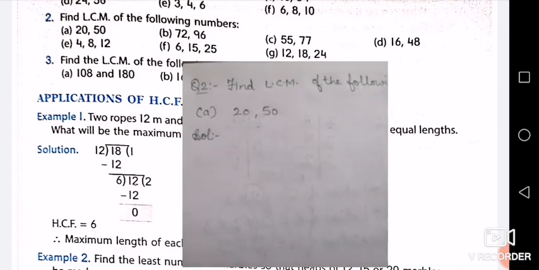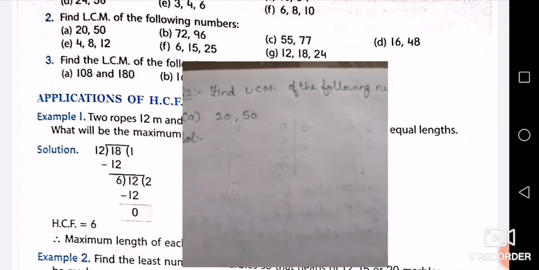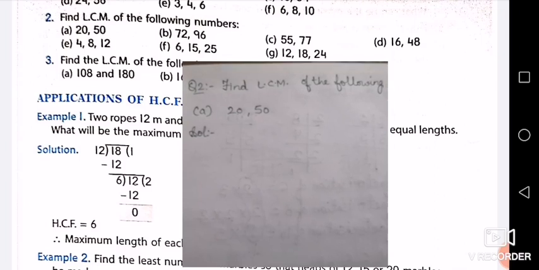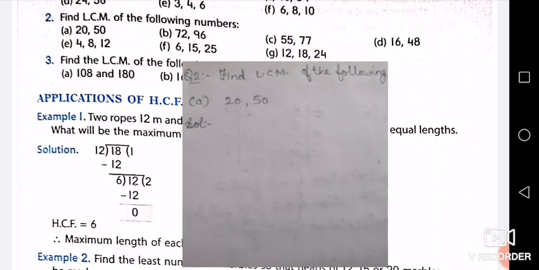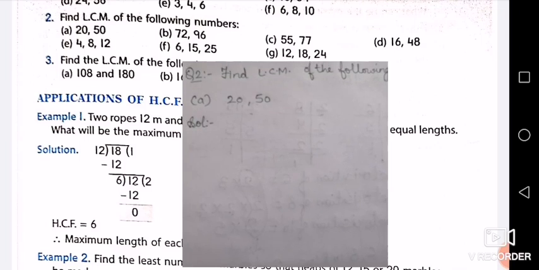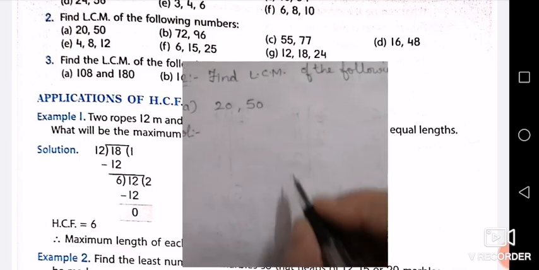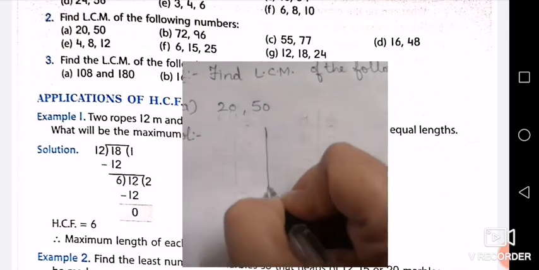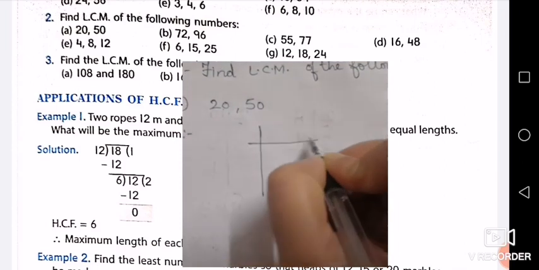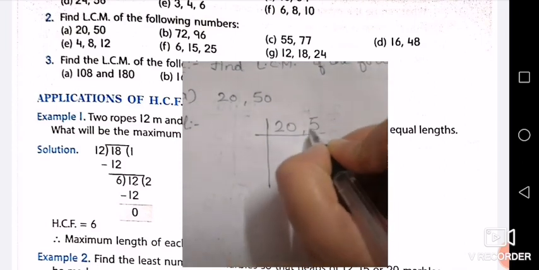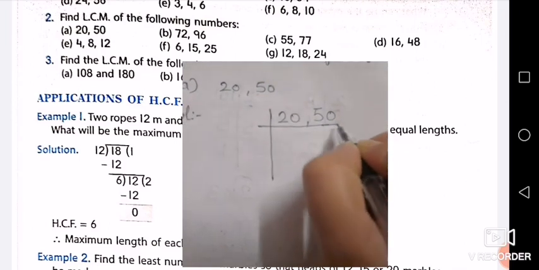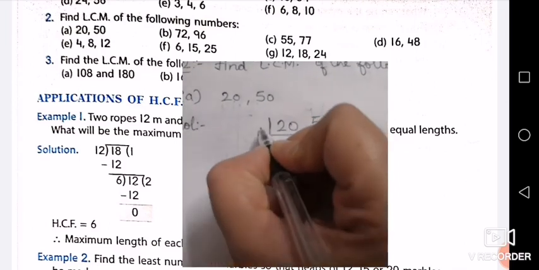Now our question number 2, find the LCM of the following numbers. A part is 20 and 50. As I told you before we started this question, we are going to use the division method here and in all the rest of the questions where it is not given which method you are supposed to use.